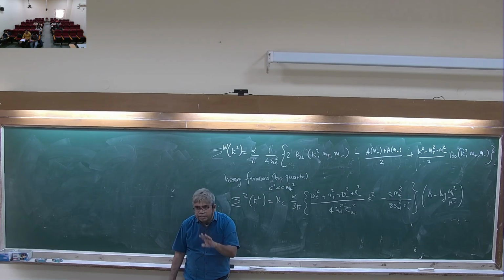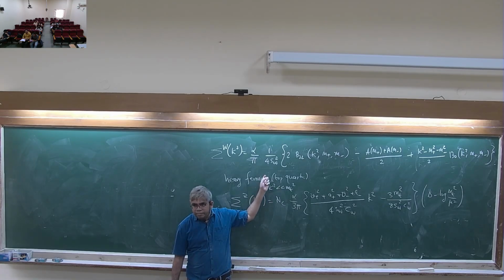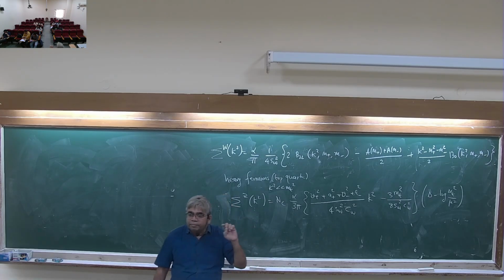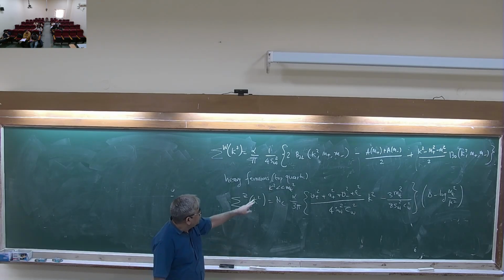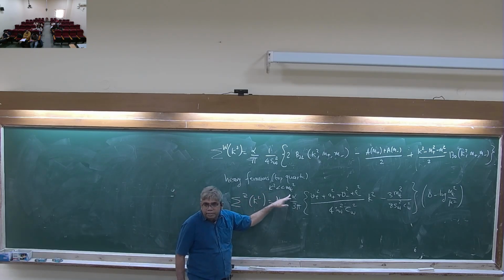Okay, up to that particular point we are done. Now I am introducing the heavy fermion limit for sigma zz and sigma ww. Yeah, essentially, because only one fermion is heavy compared to the other energies, for the case k square is much less than mt square.